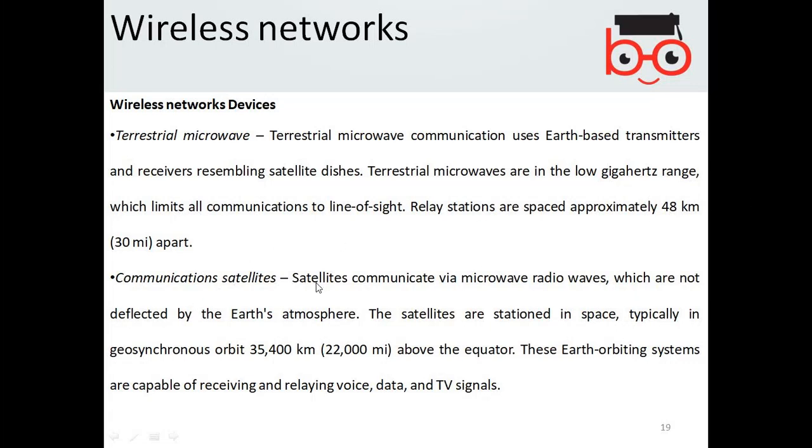Communication satellites use microwave radios, which are not deflected by the Earth's atmosphere. The satellites are stationed in space, typically in geosynchronous orbit of 22,000 miles above the equator. These Earth orbiting systems are capable of receiving and relaying voice, data and TV signals.